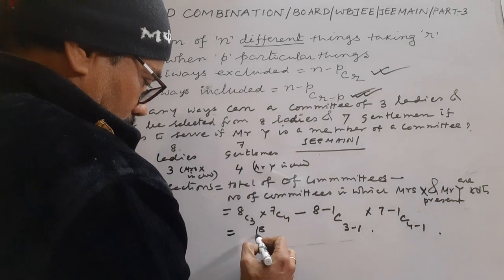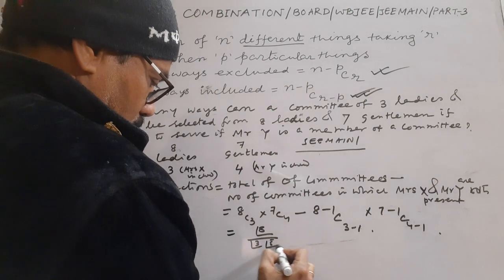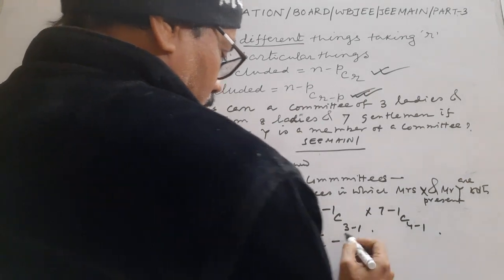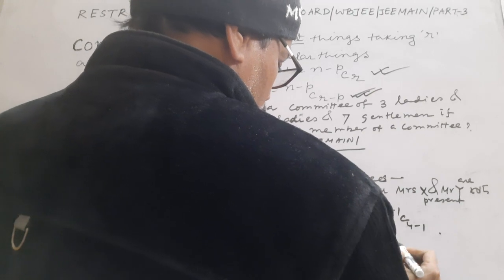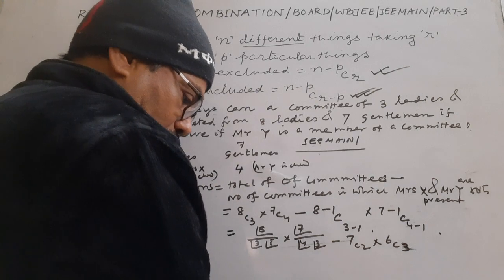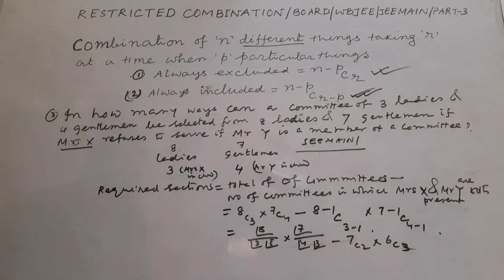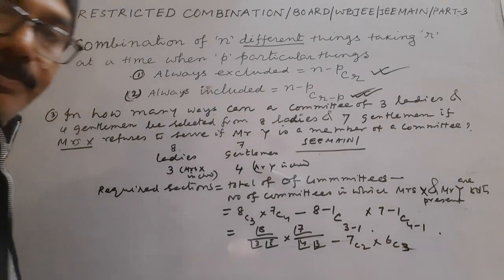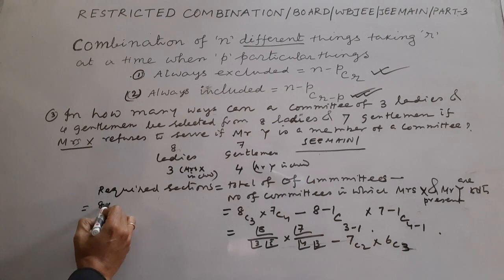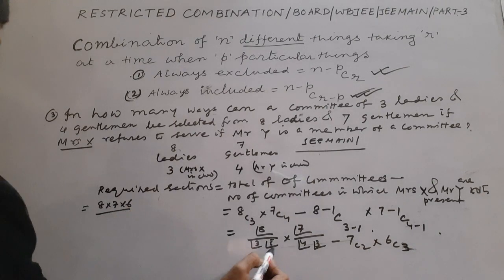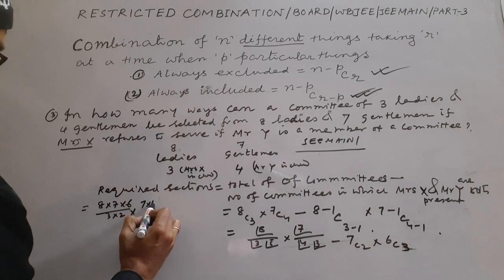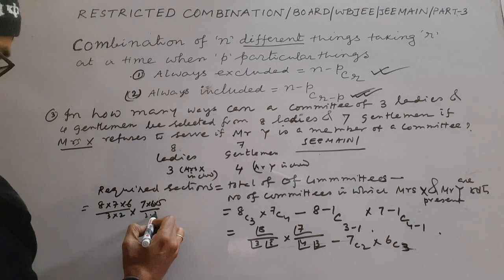So 8C3, factorial 8 over factorial 3 factorial 5, into 7C4, factorial 7 over factorial 4 factorial 3, minus 7C2 into 6C3. Now simplify. Factorial 8, 7, 6, factorial 5 is cancelled, 3 into 2, into 7, 6, 5 over 3 into 2.